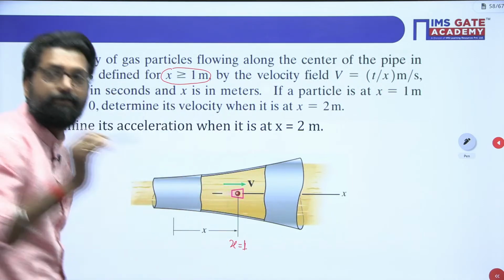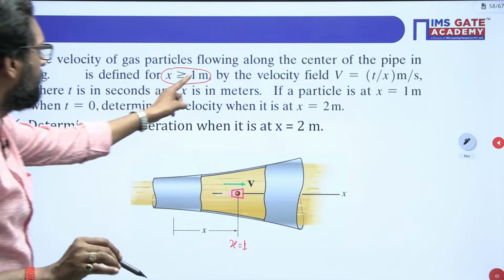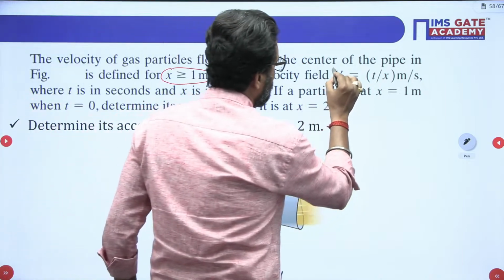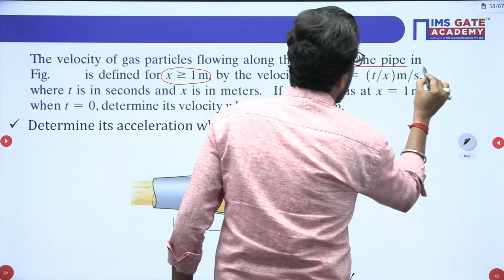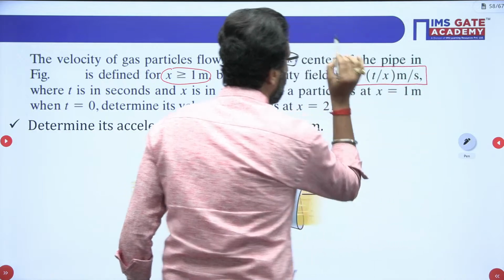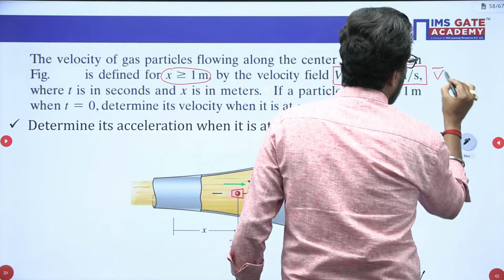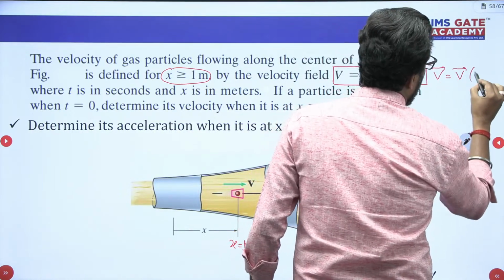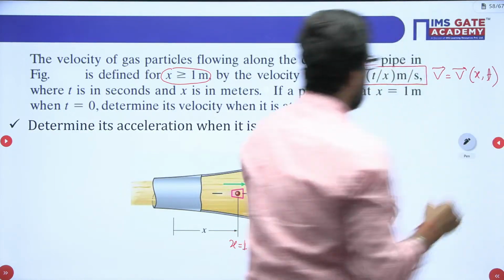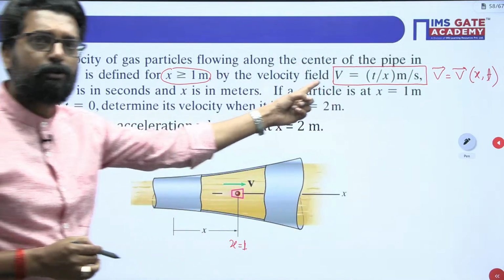The particle is defined by the velocity field, and this field is a function of x and t. That means this velocity field V is a function of x and t. So essentially this is your Eulerian approach.